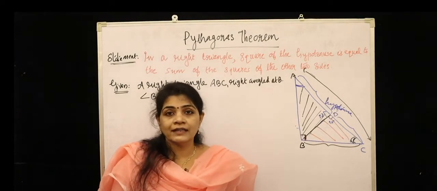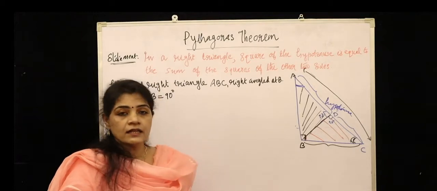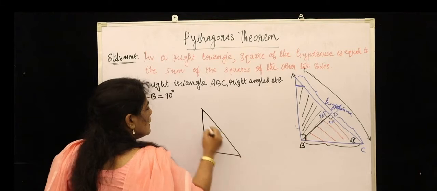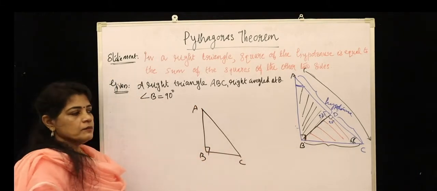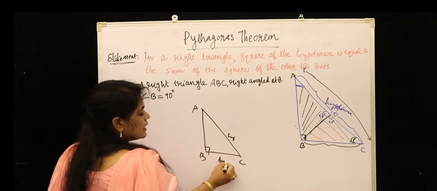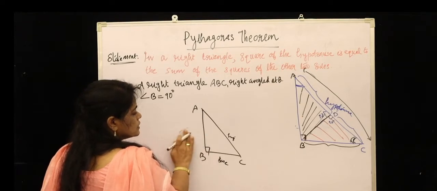Area is more fundamental than length, isn't it? See, in case of area, suppose we have a right triangle ABC, right angle at B. That means this is the hypotenuse, this is the base, and this is the perpendicular side or the opposite side.